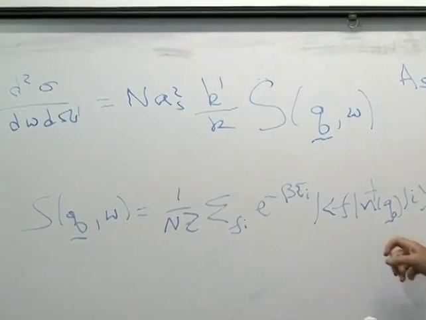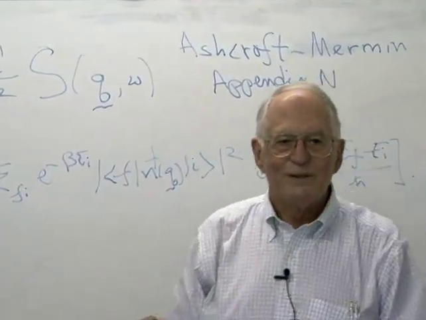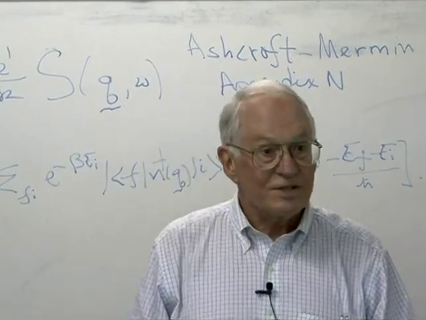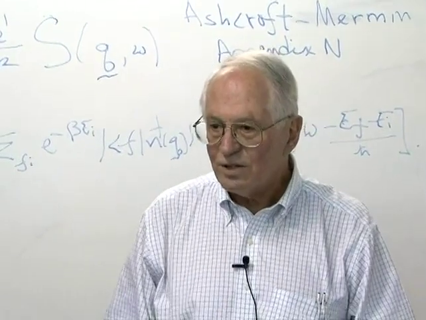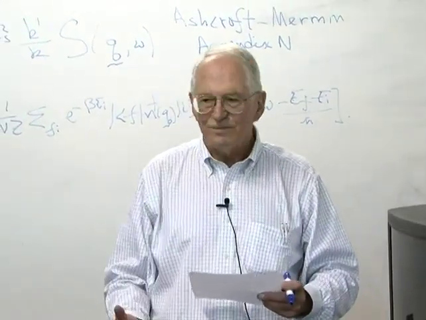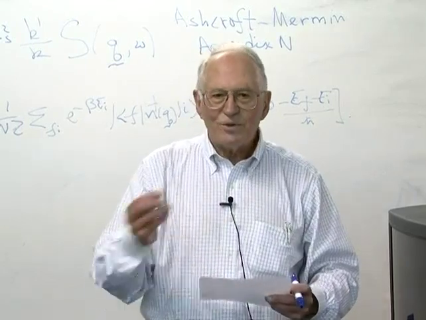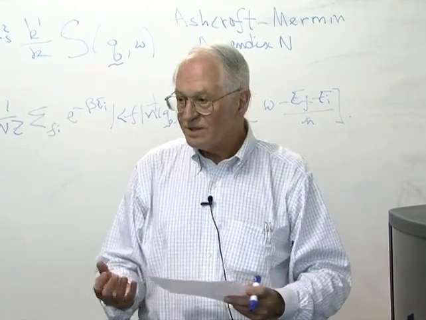Now, n of q is dimensionless because it's the three-dimensional volume integration of a density. A Fourier transform, the density has the dimensions 1 over length cubed. So n of r has the dimensions of 1 over volume. The integration to get you n of q, the Fourier transform, means that n of q is dimensionless.